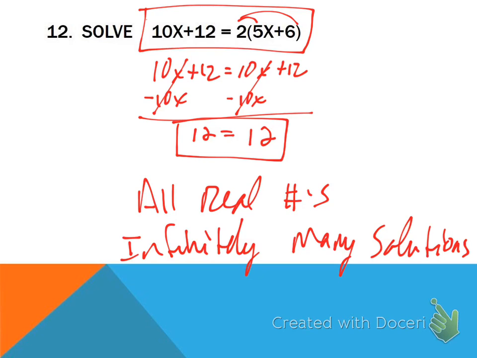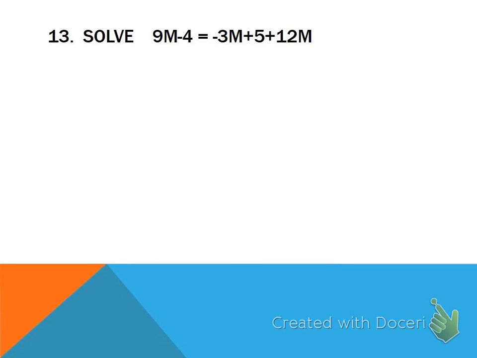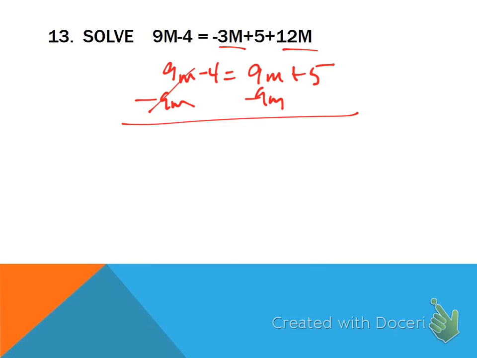Okay? Now, compare and contrast that to this, right? The next one, where we combine these like terms. And then when we subtract 9m from both sides to zero them out from one side, we get negative 4 equals 5. Negative 4 does not equal 5.